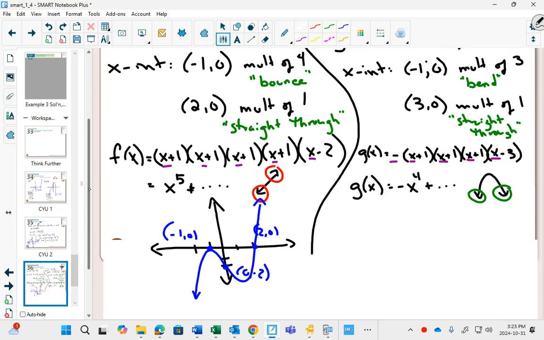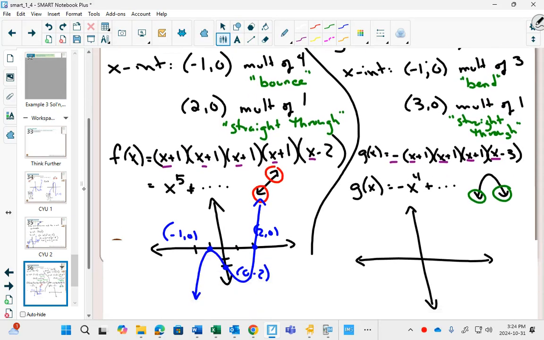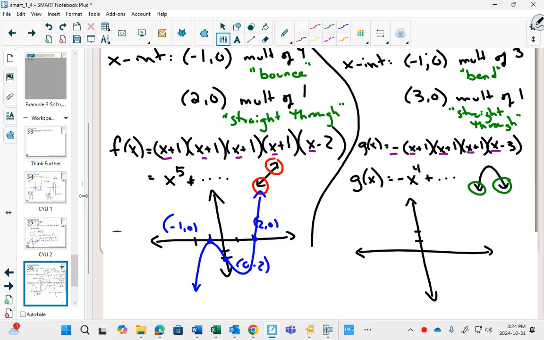So when we go to sketch this one, what do we have? We have a y-intercept at 3. 1, 2, 3. An x-intercept at -1, and an x-intercept at 3.